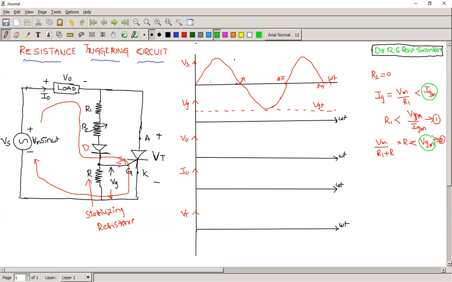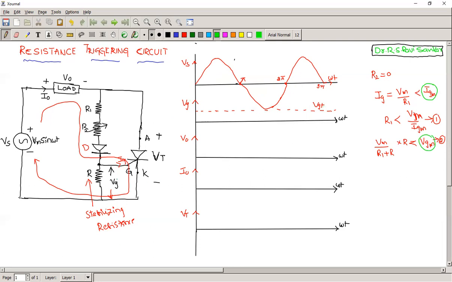Here we have taken 1.5 cycles of the input voltage, nothing but a positive cycle, a negative cycle, and again a positive cycle. VGT here, if you observe, is nothing but the gate trigger voltage.